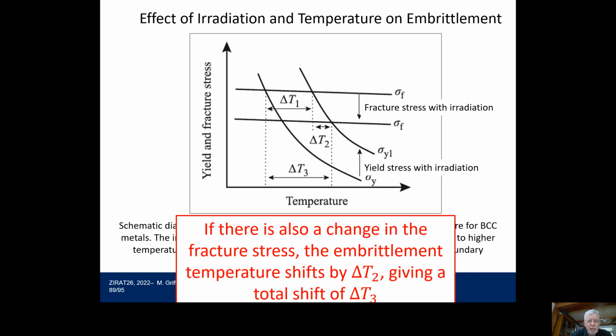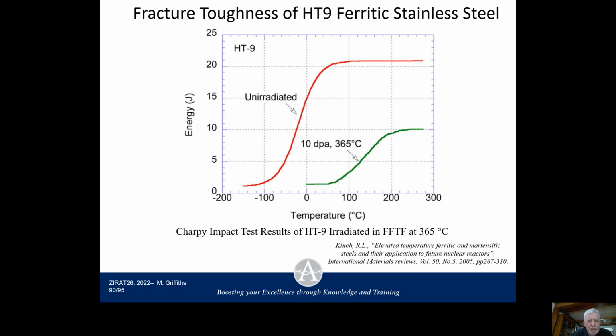What that means is that you get two contributions to the shift in the transition temperature, and the transition temperature is given by the intersection of the yield stress line and the fracture stress line. So as we go to higher temperatures, that's naturally not a good thing. Bad idea. Oh, I just said that. I should have gone through these.